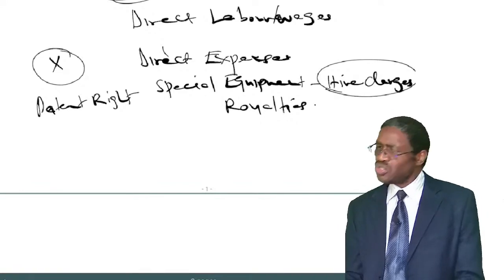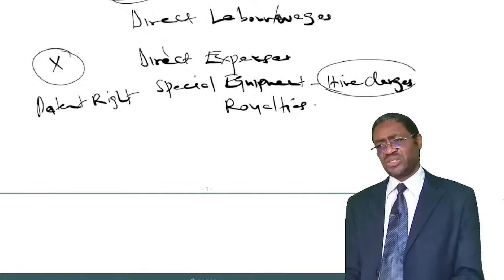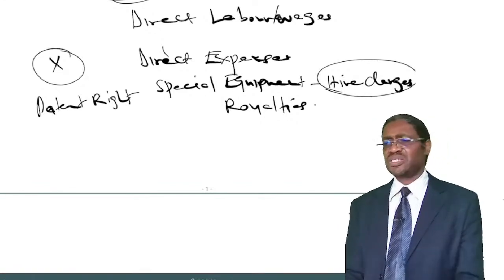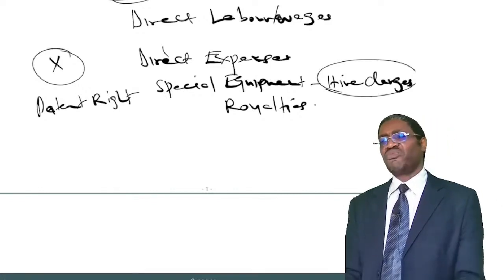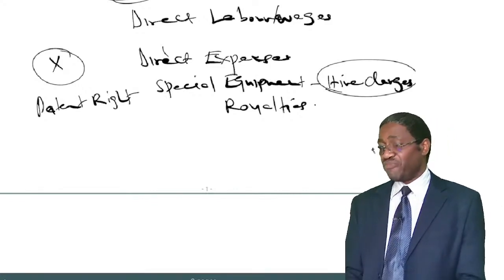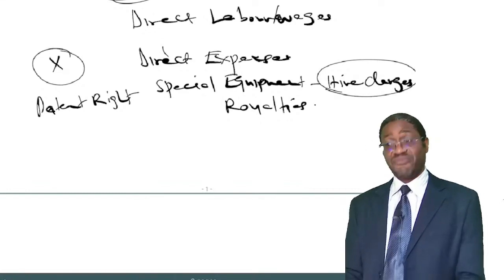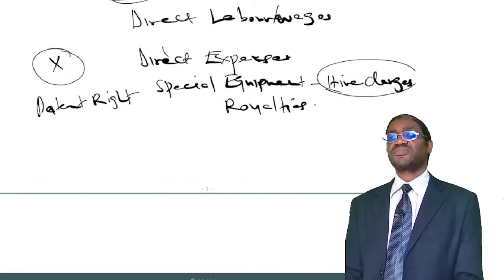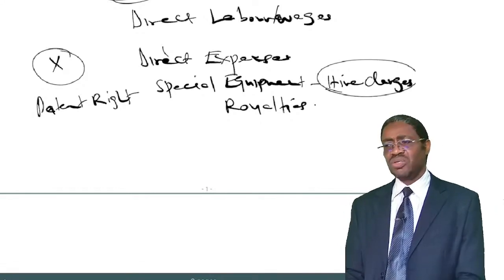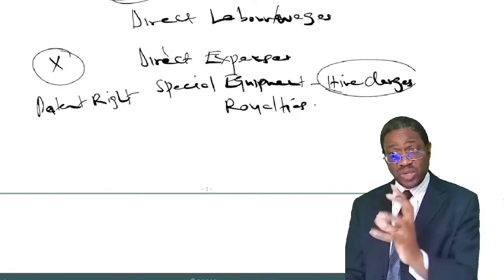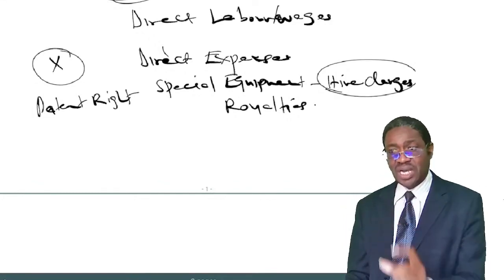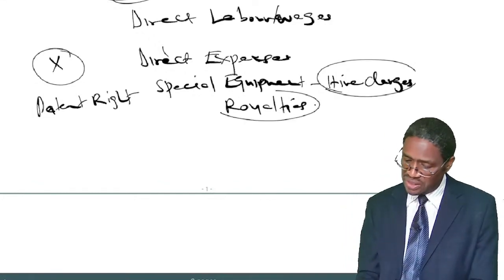So you agree on an amount of royalties, how much you'll be paying per piece or per whatever of the item that you will be manufacturing. Good. So that's what we are calling another example of direct expense.